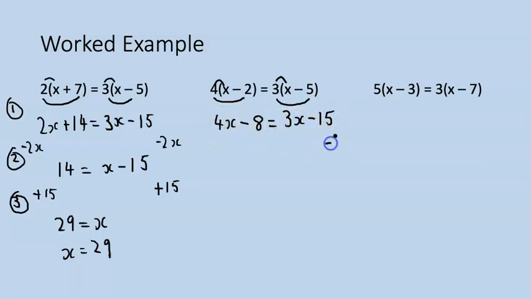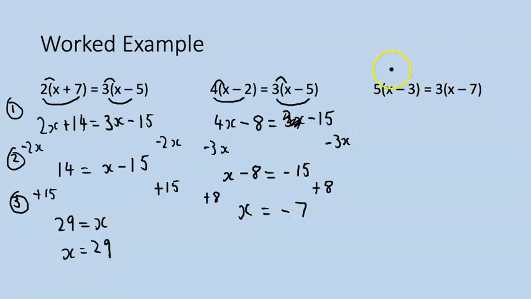Take away the smaller x. 4 take away 3 is just x. Minus 8 here. 3x take away 3x is 0. What am I left with if I cover this up? Just minus 15. And now instead of taking away 8, I add 8. So x is minus 7.